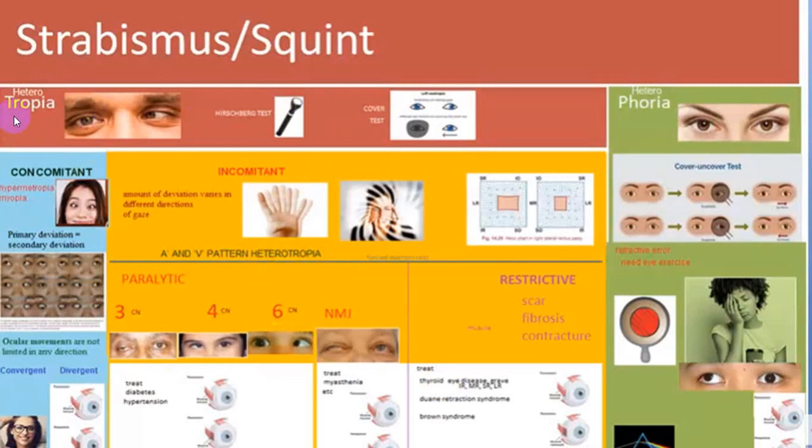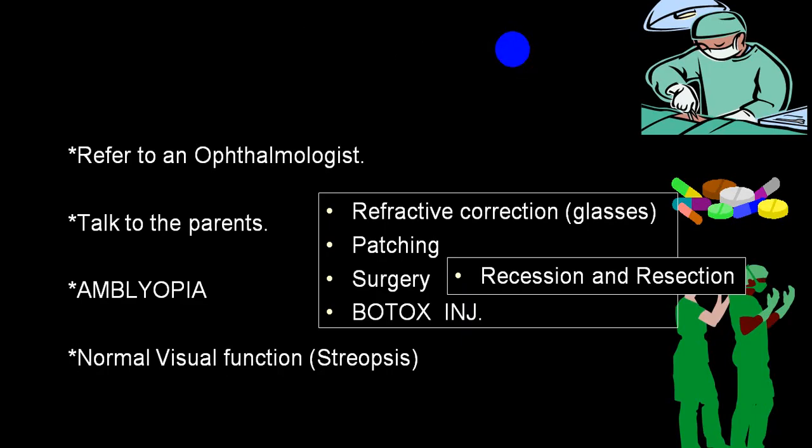So there are a few words called tropia and phoria. You have the cover uncover test. You have paralytic, non-paralytic, concomitant, incomitant, restrictive, etc. These are all the words which are being utilized in strabismus and squint. We have already covered the majority of them.